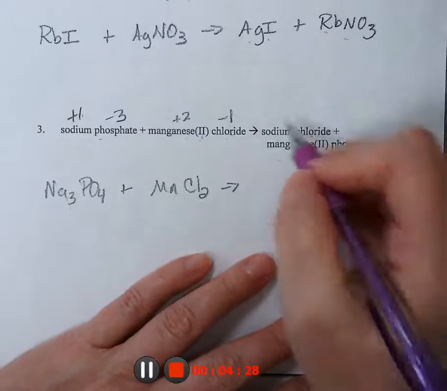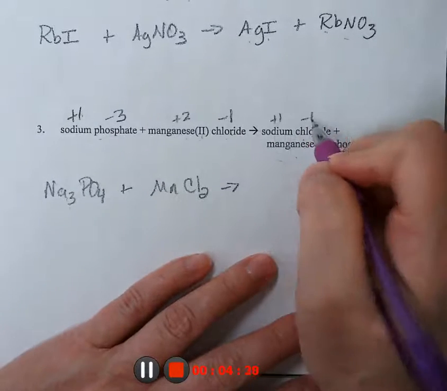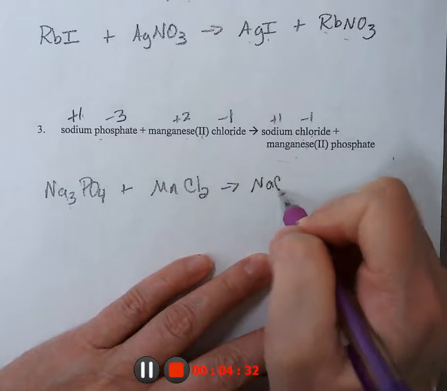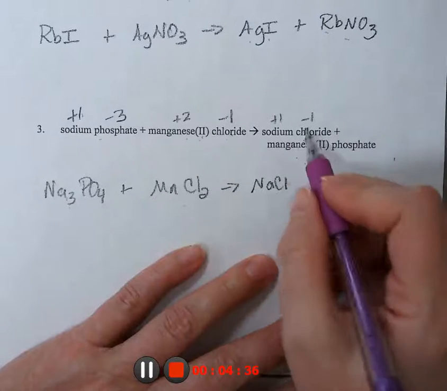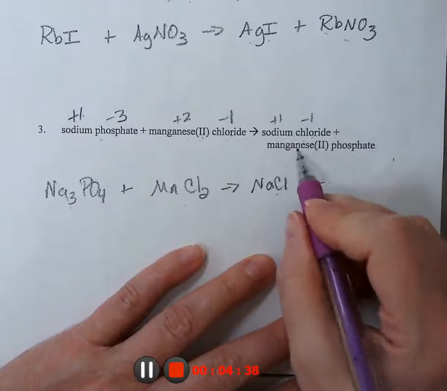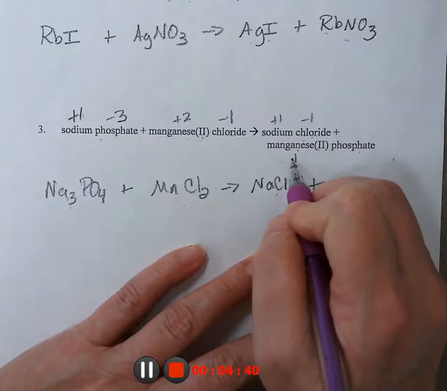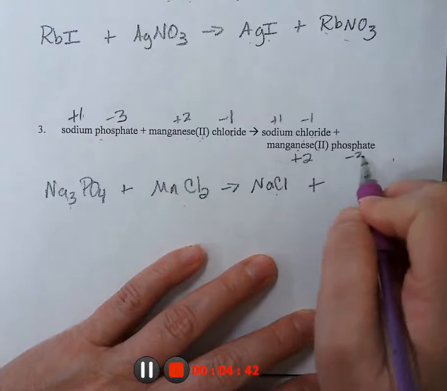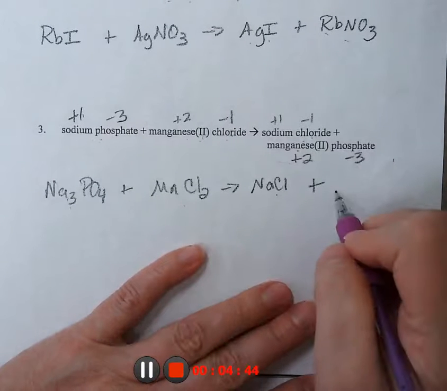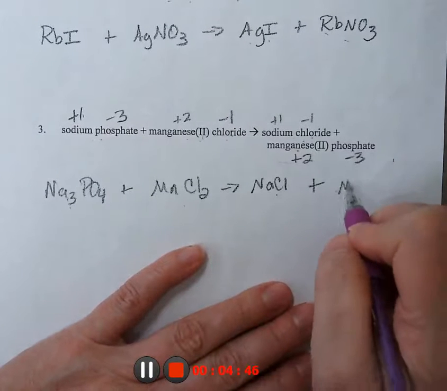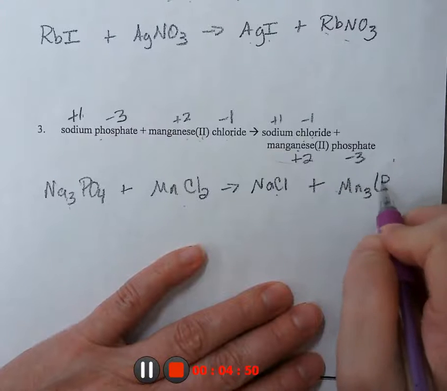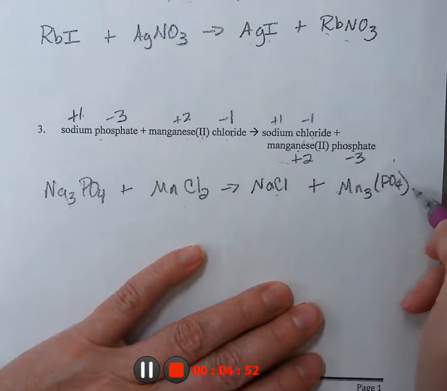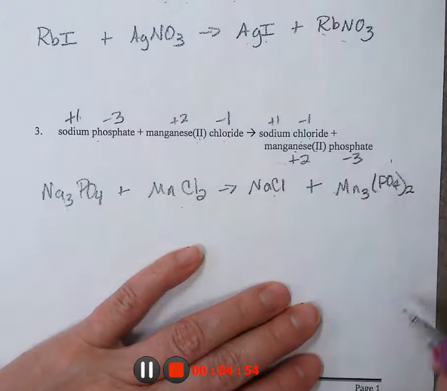Sodium chloride, we know this by heart, hopefully, because it's just table salt. And manganese 2 phosphate. So 2 and 3 are factors of 6. I'm going to need parentheses and then a subscript.